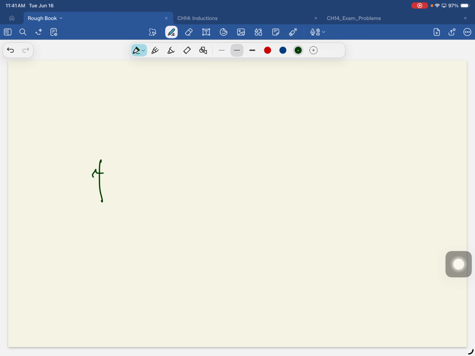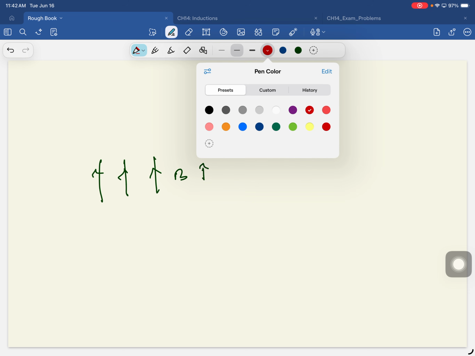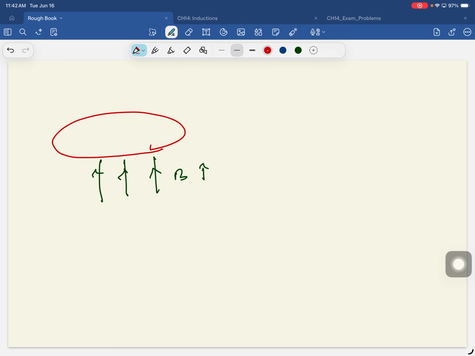So let's say there's a magnetic field here, and let's say you somehow increase this magnetic field or you change it with time, and this will create an electric field all around here. And the configuration of the electric field will be like so, like that.